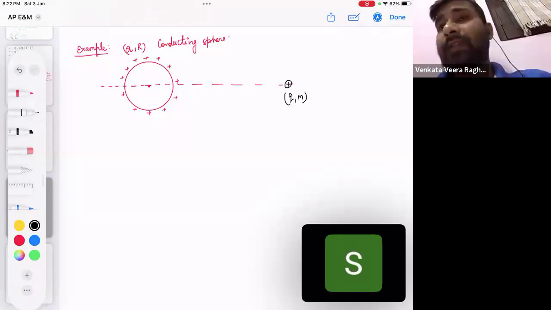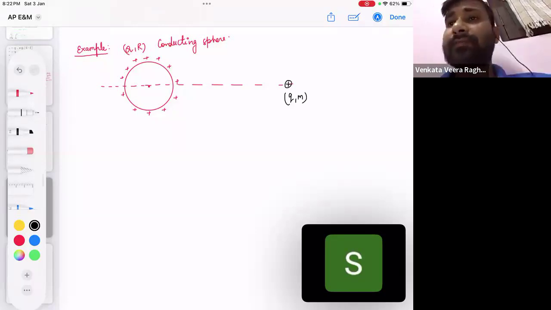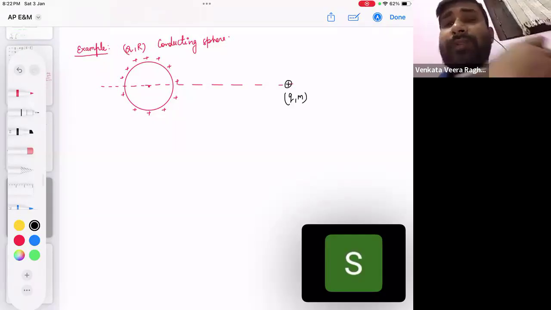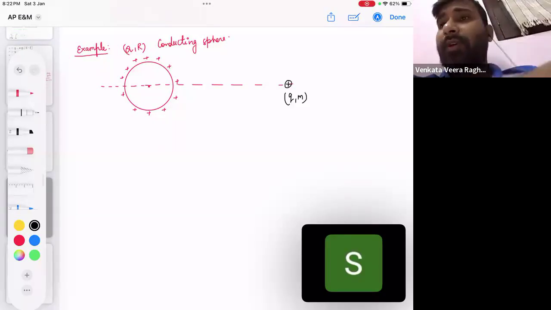Can it reach the surface of the conducting sphere? No, right? Because it will be repelled by the conducting sphere. Both are positively charged, so it's not possible for the charged particle to reach the surface of the conducting sphere. So if I give some minimum velocity, then is it possible for this charged particle to reach the conducting sphere? Please tell me.